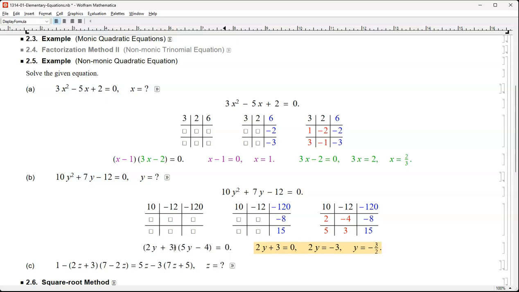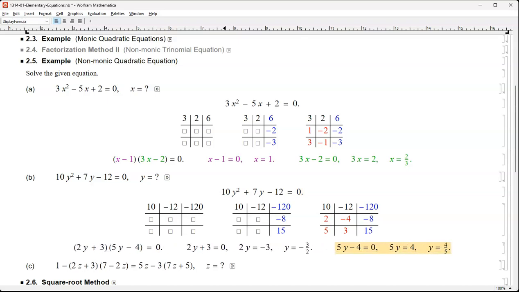You see, the numerator over the denominator, but we have a sign change, negative 3/2. 5y minus 4 equals 0. 5y is 4. y is therefore 4/5. 4 over 5, 4/5, but we have a sign change. This is negative, so we have positive.